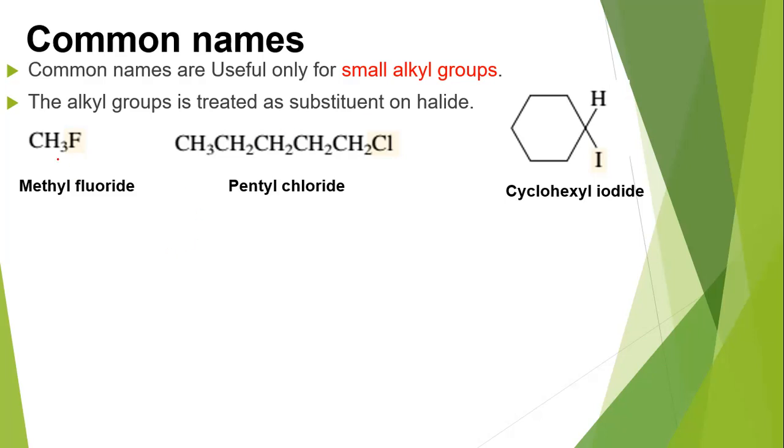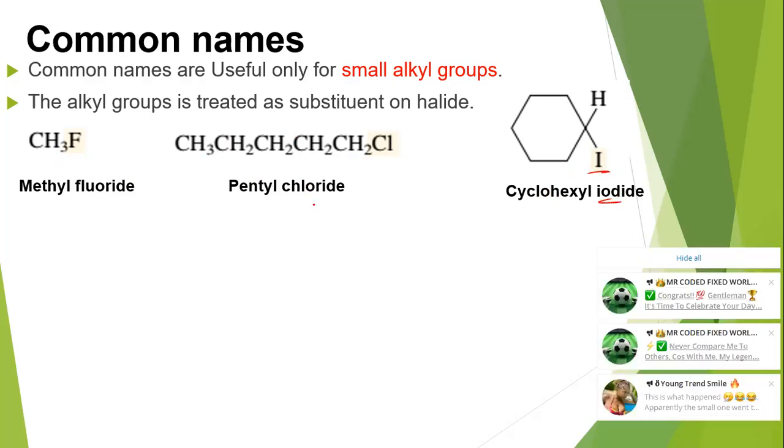We are actually treating the alkyl group as a substituent on the halide. So this is methyl fluoride instead of fluoromethane. This is pentyl chloride instead of chloropentane. This is cyclohexyl iodide. So the parents' names are now the halogens.